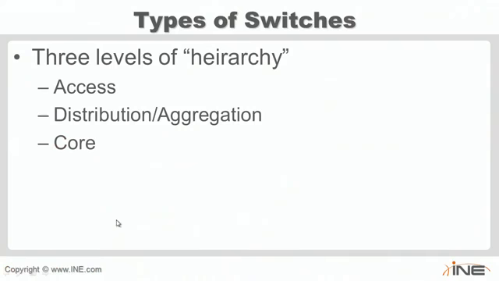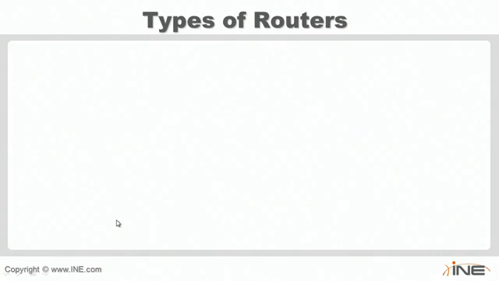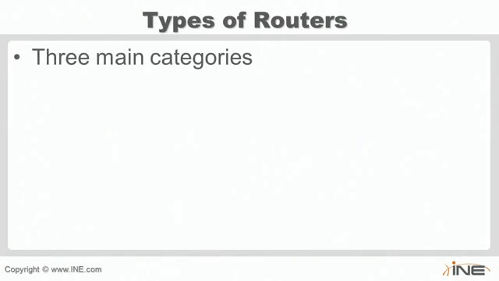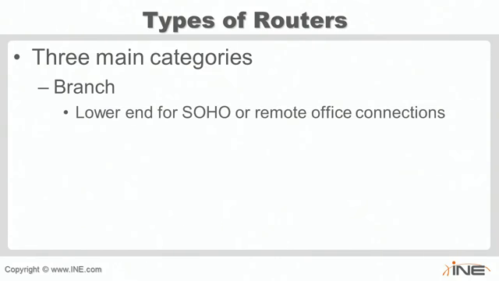Now, the same is going to be true of the routers. We can still put them into three main categories. Just the terminology is a little bit different, in that they talk about the levels of the routers versus the switches. Typically the first one is considered the branch router, which is going to be some sort of low-end router that could be connecting your remote offices, or it could be one that's at your house, for which they use the term SOHO, which is small office home office.